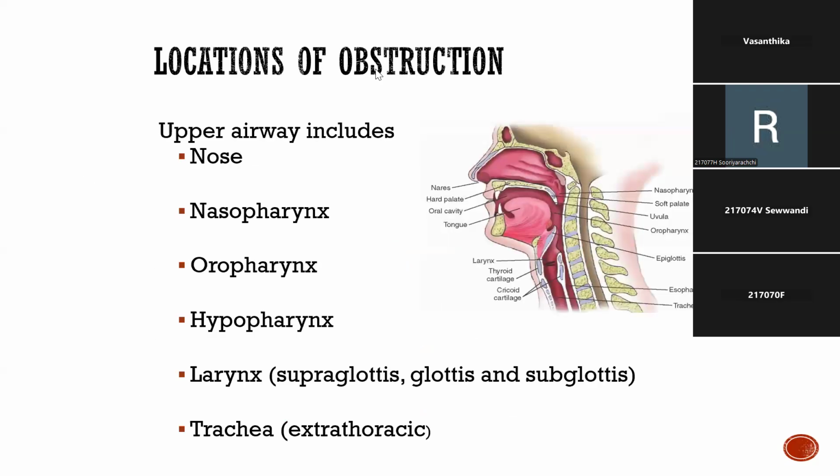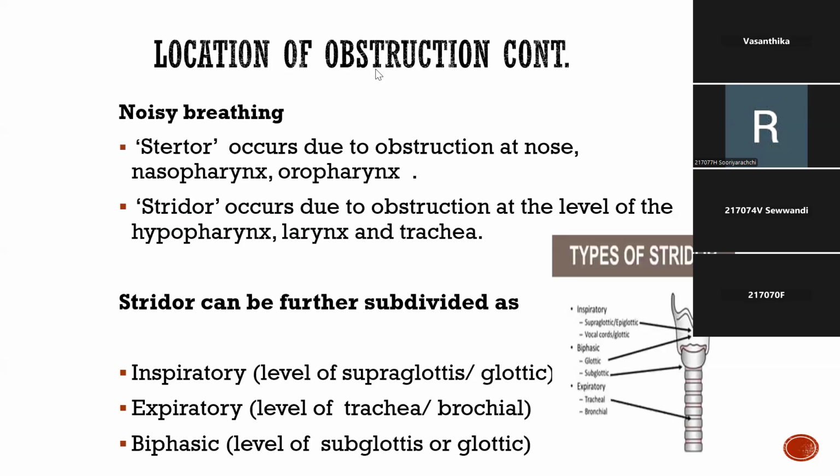Airway compromise in the upper part of the upper airway is not a major issue. If you get a nose block, or nasopharynx or oropharynx obstruction, the patient will be breathing through the mouth. But if there is a significant blockage in the hypopharynx, larynx and trachea, they will be in significant upper airway compromise, and you will get noisy breathing.